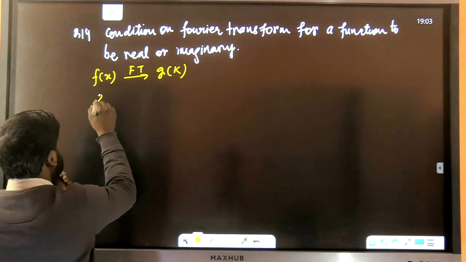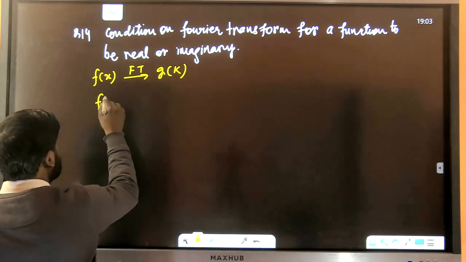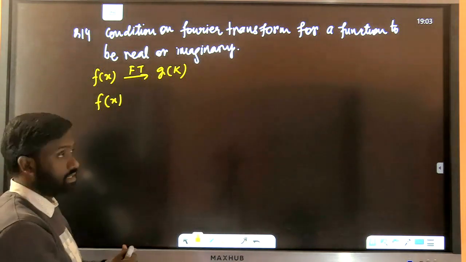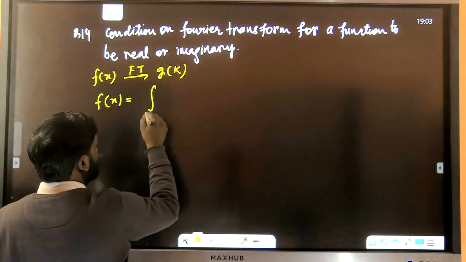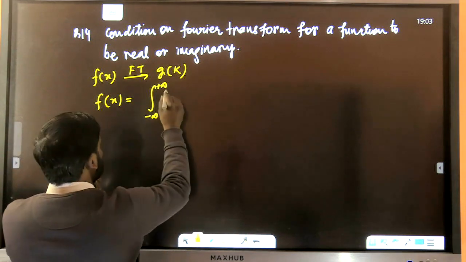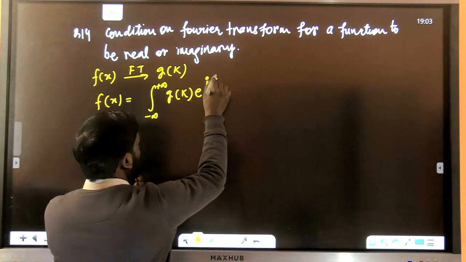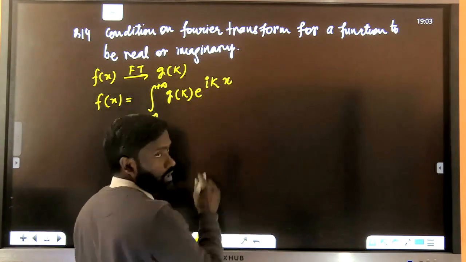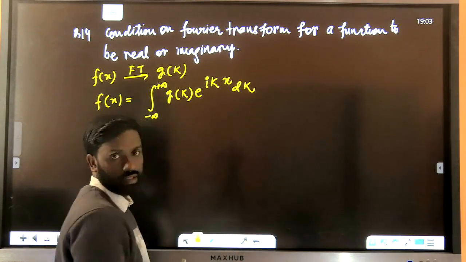We know that we write f of x as an integration from minus infinity to plus infinity of g of k, e to the power iota k x or minus iota, depending on how you define it, and dk.